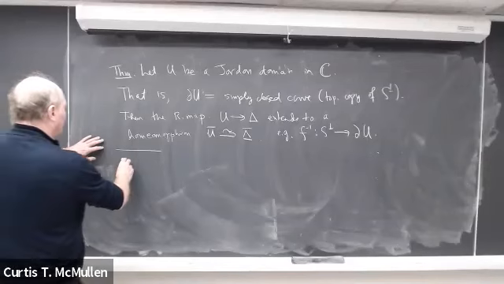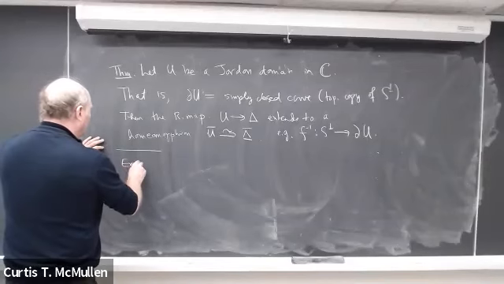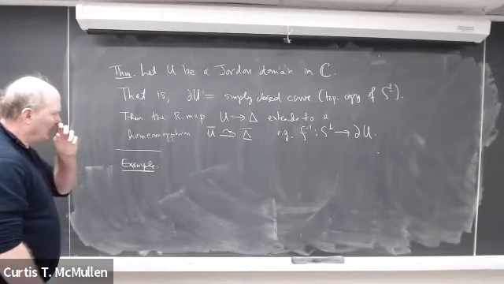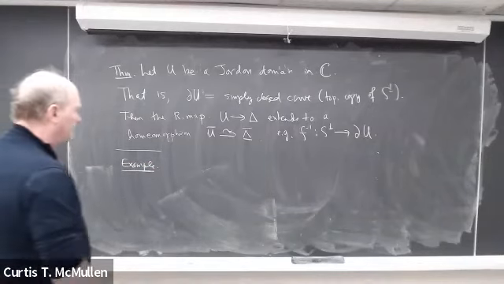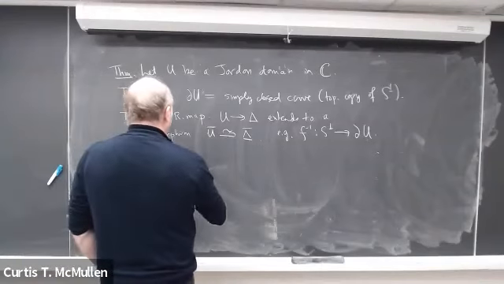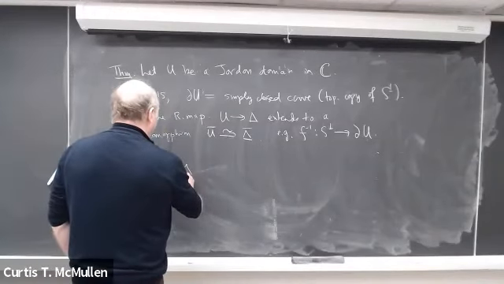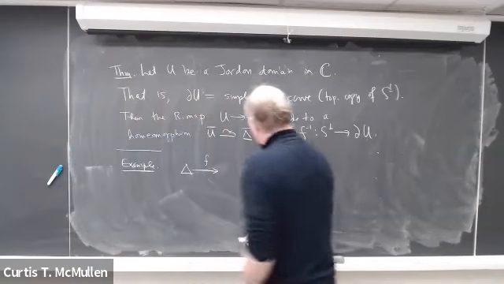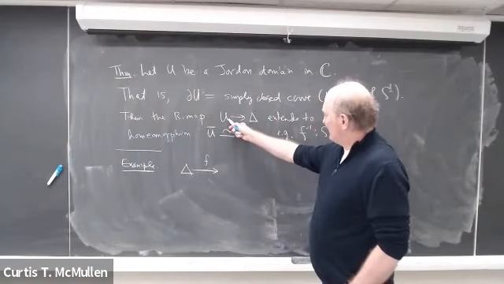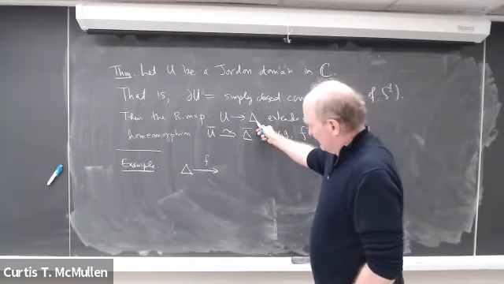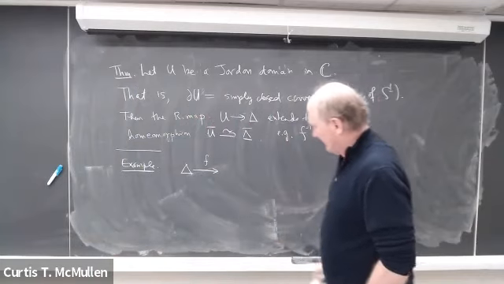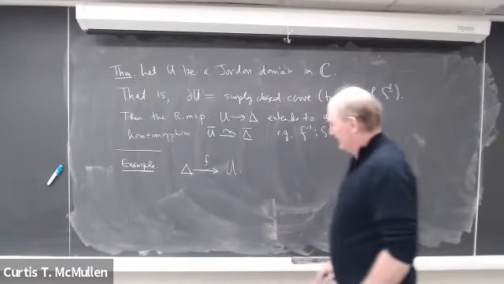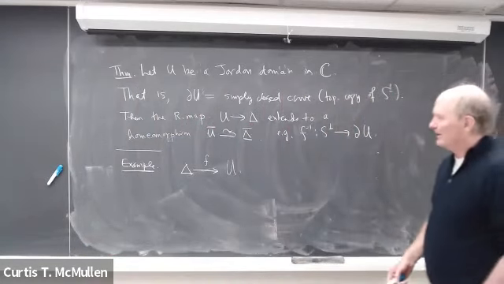So let me just finish by giving you an example of a really exotic domain which admits a Riemann mapping, but where the Riemann mapping is not so well behaved. And by the way, although in the proof I constructed the Riemann mapping going from U to delta, in applications we often use the isomorphism going the other way from delta to U. So let me just think in those terms for this example.